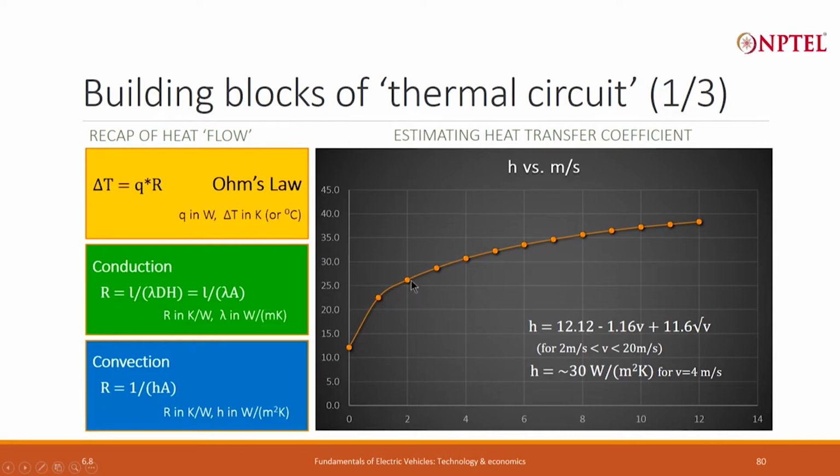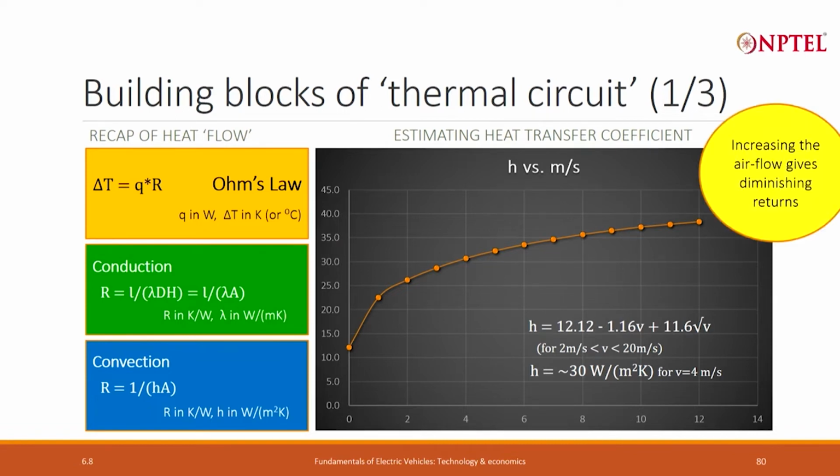It actually becomes 25 or 26 when it is 2 meters per second, but after I cross 4 meters per second, any further increase in speed results in a very marginal increase in the H. So, beyond a point, it is not useful to increase the speed. I will be pumping more and more energy into making the air flow faster and faster, but I will not get commensurate returns. So, any speed more than about 4 meters per second is really not a useful thing as far as improving the H is concerned.